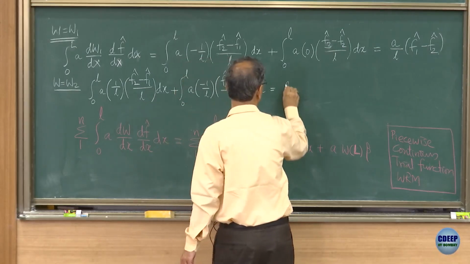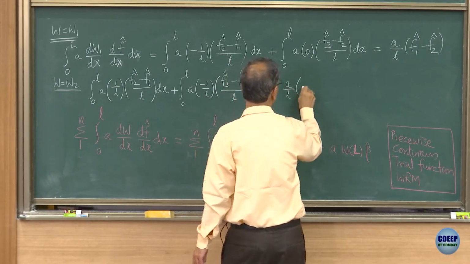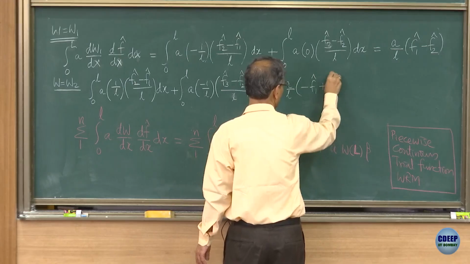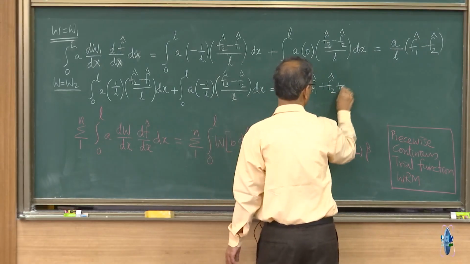So A by L, minus F1 hat plus F2 hat. This is minus, so plus F2 hat.